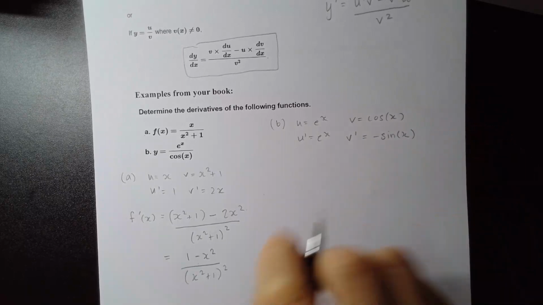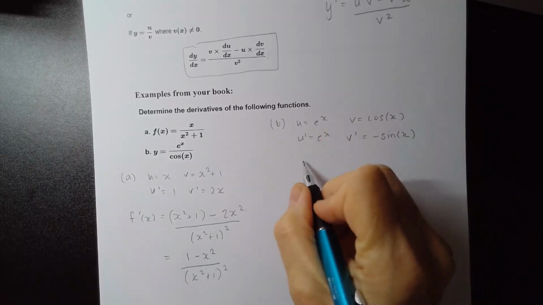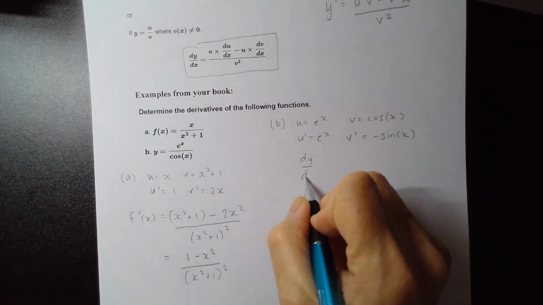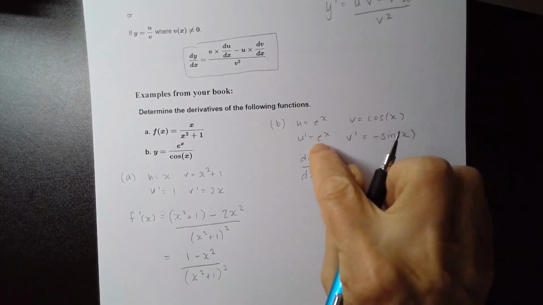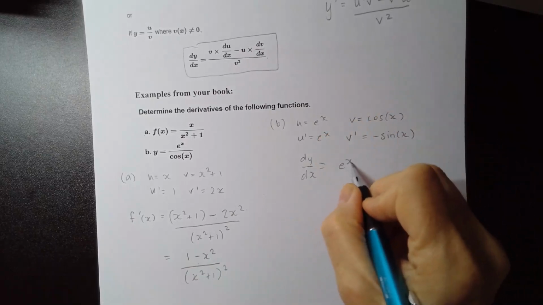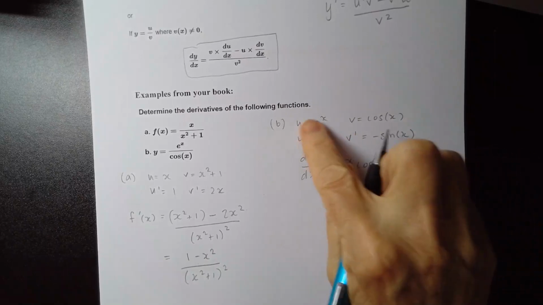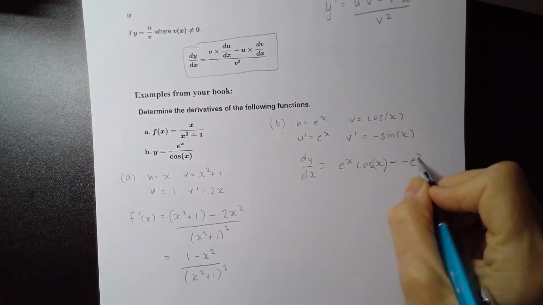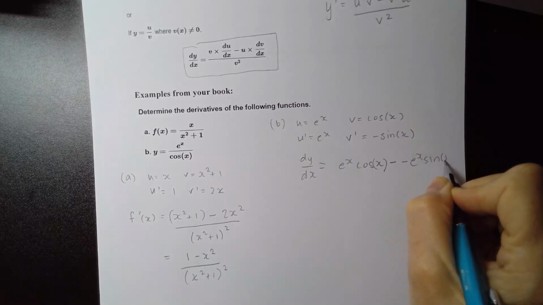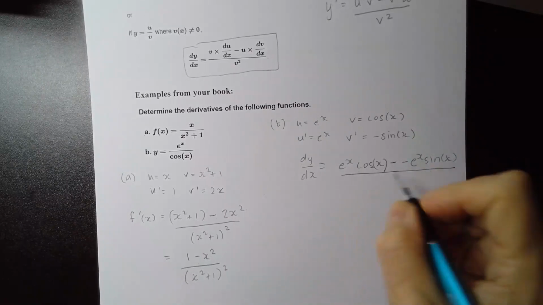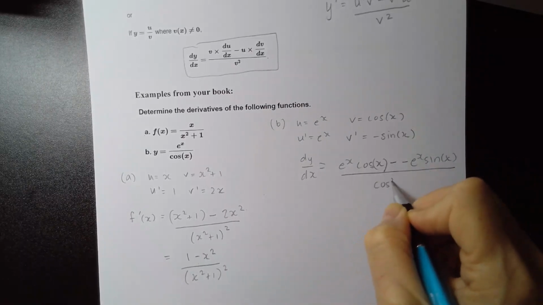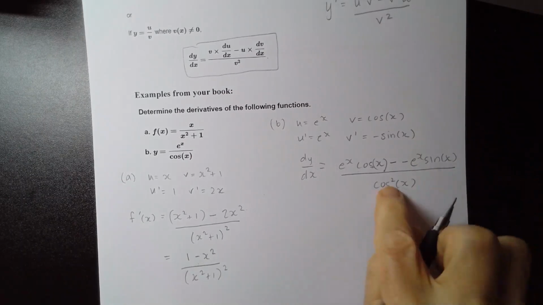I know them. And so I do that the derivative, so dy dx, is equal to u dash v, so e to the x cos x, if you want to use brackets you can, minus that, so minus e to the x sine x, all over v squared, so (cos x) squared, so I write that, remember, like that.